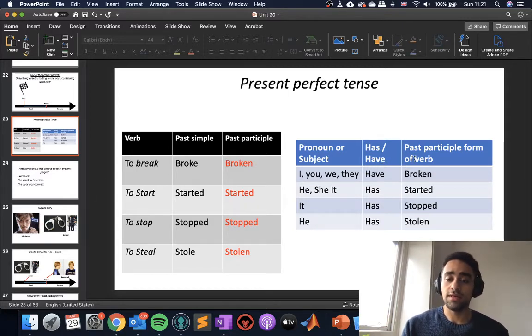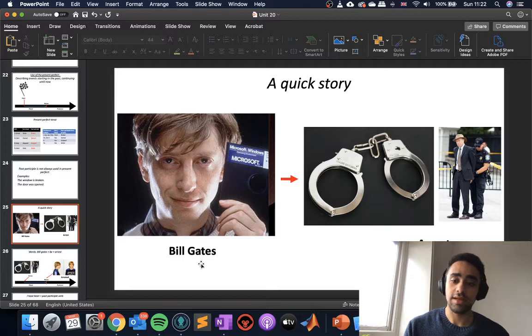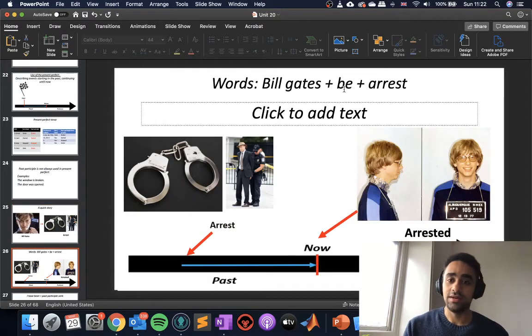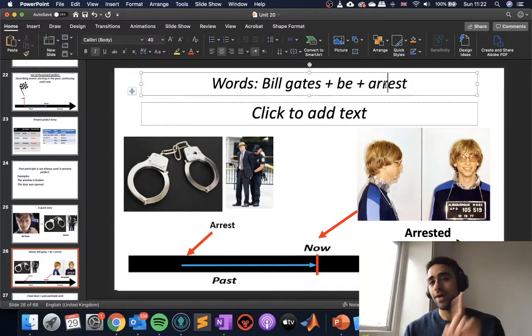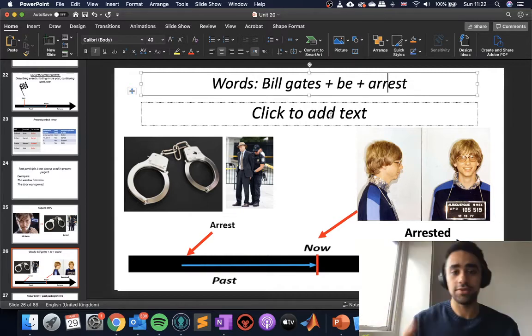So present perfect: subject, has or have, depending on the subject, and then the past participle form of the verb. So let's say our fan has a story for us about Bill Gates. Bill Gates is our subject here. Our verb is be, and then arrest. So we will have two past participles, which is what I was saying before.